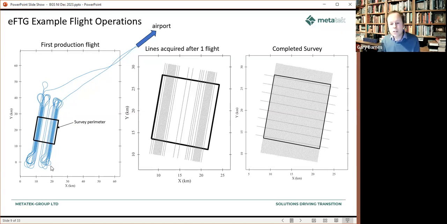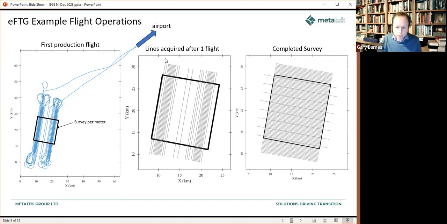Typically, an airborne gravity gradiometry survey will collect between, let's say, 300 kilometers to up to 1,000 kilometers of data per flight. Not all of this data, of course, is within the survey perimeter. Some of that is run-ins and run-outs, and of course there are the associated turns to do with that flight.